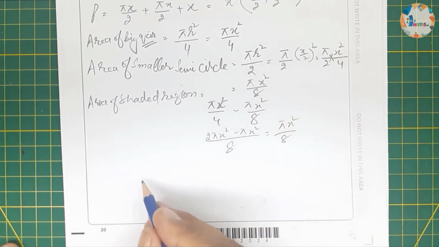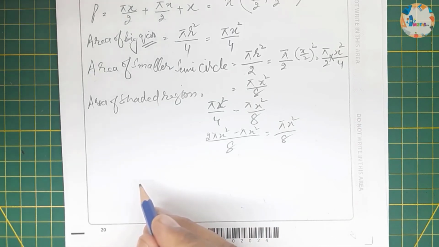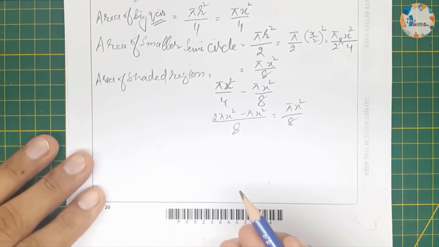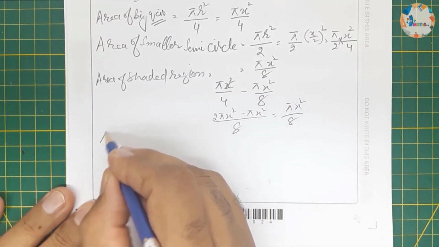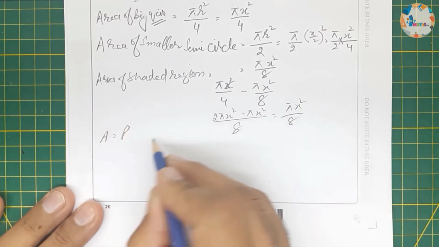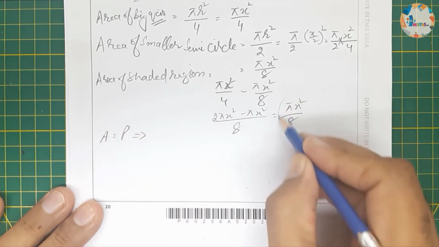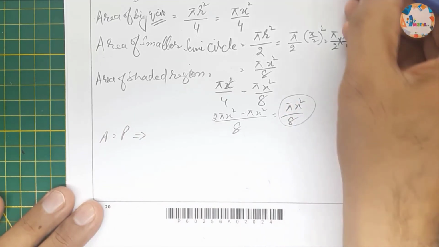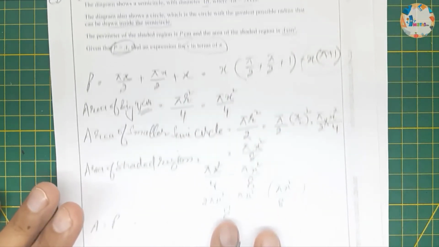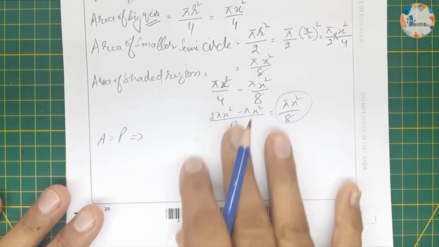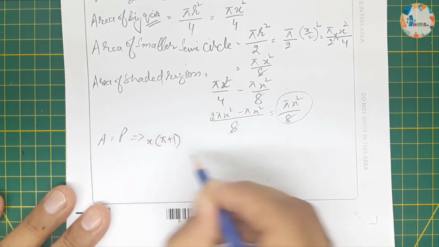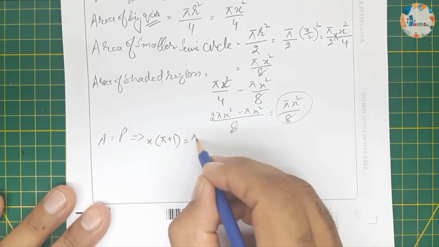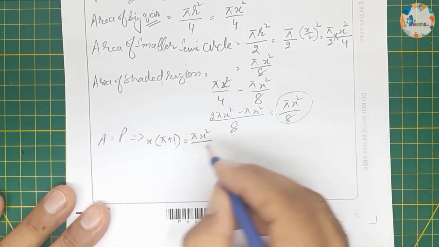By the condition of the question, this shaded area is equal to perimeter, so we can write area is equal to perimeter. This implies x into pi plus 1 will be equal to pi x square over 8.